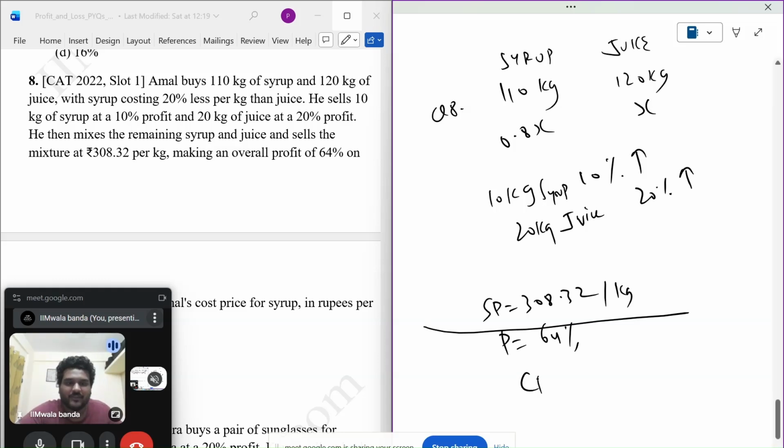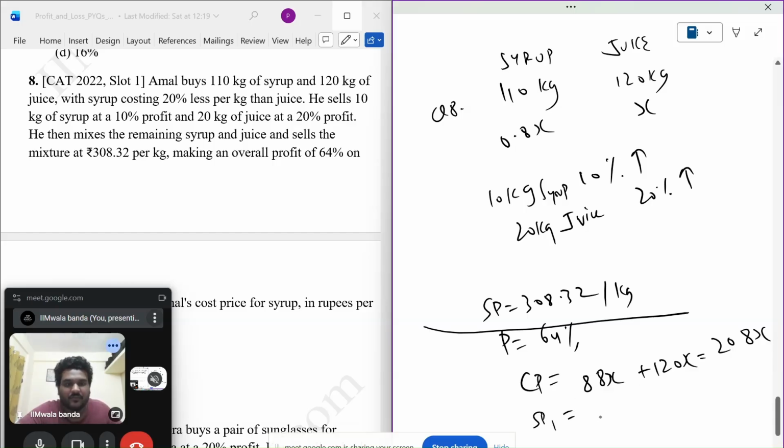Oof. So cost price we can directly know that cost price will be 110 into 0.8x or 88x, and 120x. So 8, 9, 10. 208x is the cost price. So this we know.